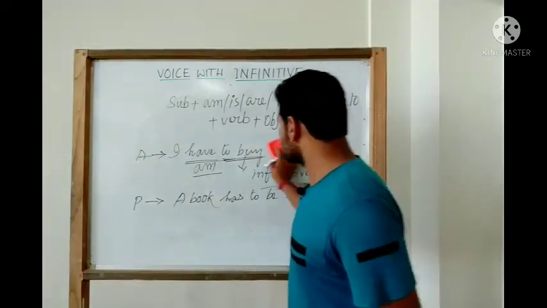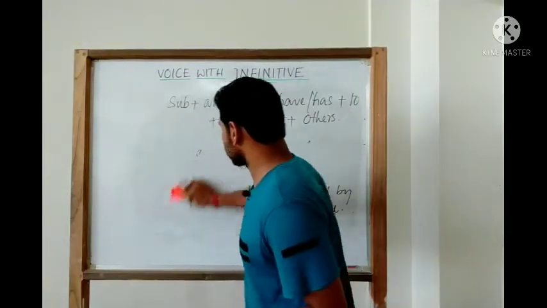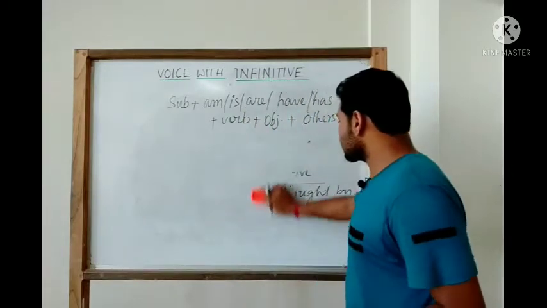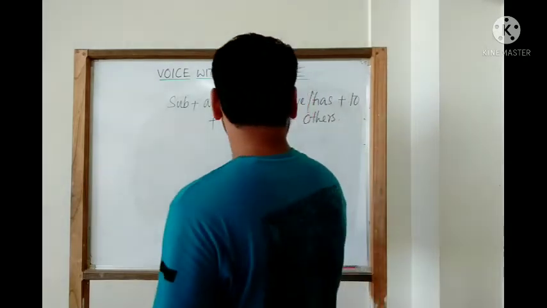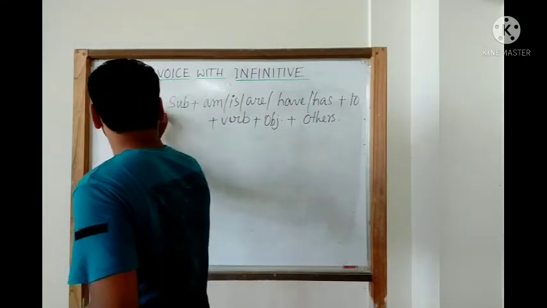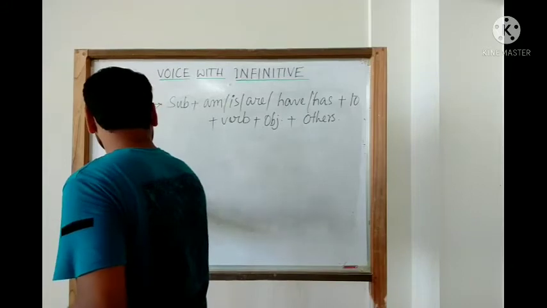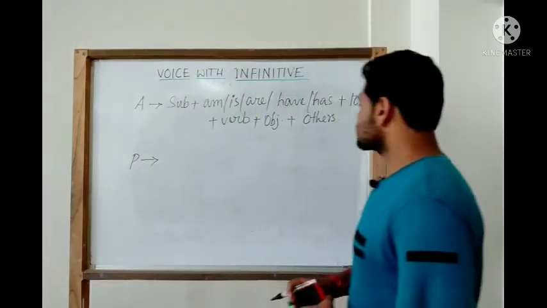So let us have the passive of this particular structure. Then we would take another example. So this one is the active structure. Let us have the passive structure here. What is the passive structure?